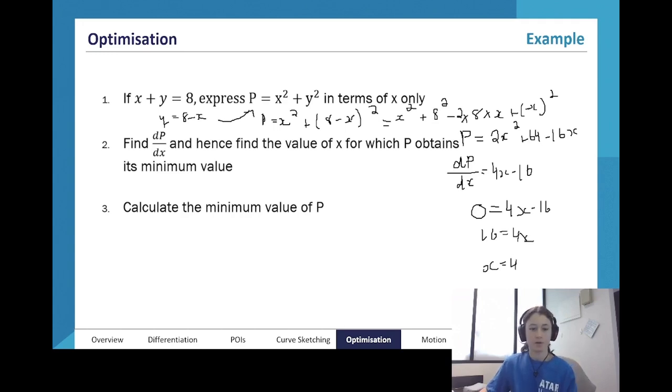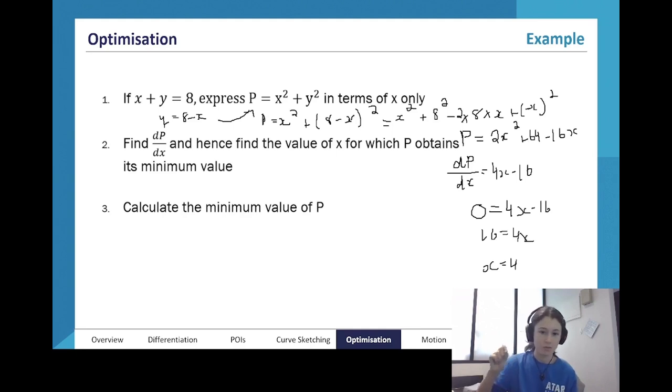Now, the question asked us to find when P obtains its minimum value, so we need to actually prove that this value is a minimum. And this is one more thing that you should be very, very wary of in optimization questions. Often you'll be asked to find a minimum or maximum value. You need to verify that the point that you've achieved is a maximum or a minimum using the skills that we've learned previously in the lecture.